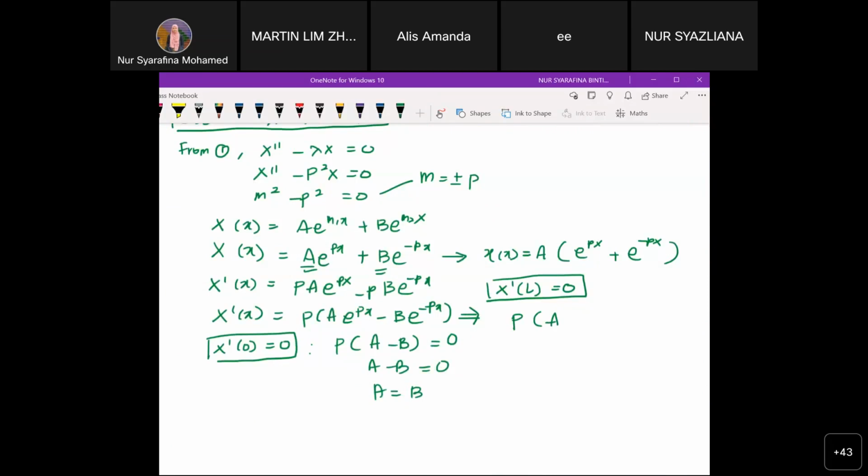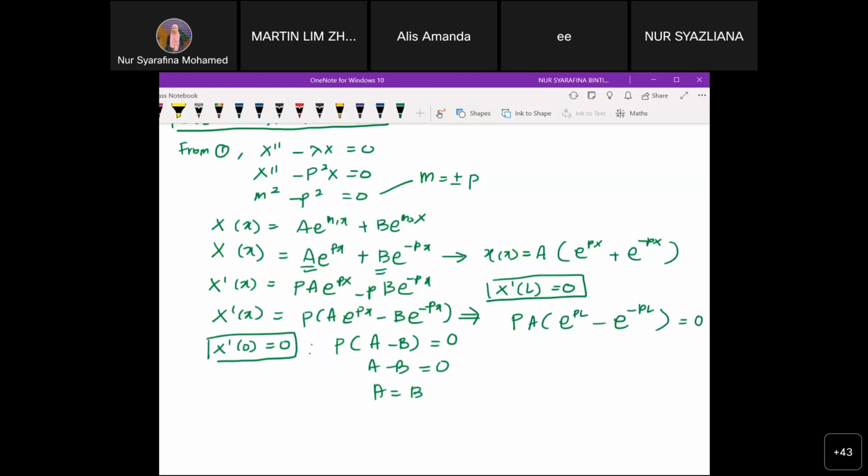Because now we have A, we just put A outside: pA(e^(pL) minus e^(-pL)) equals to 0.